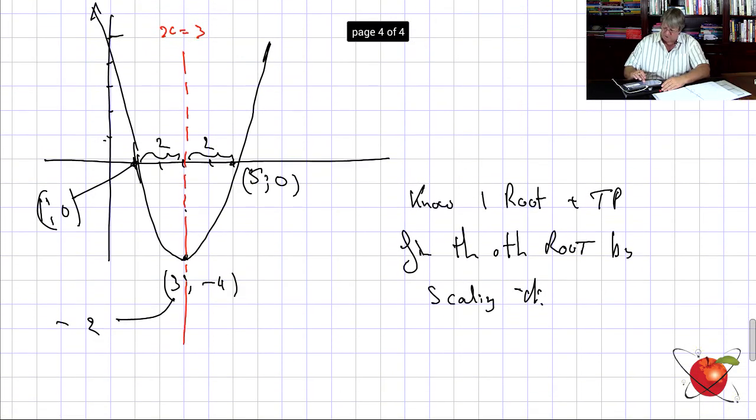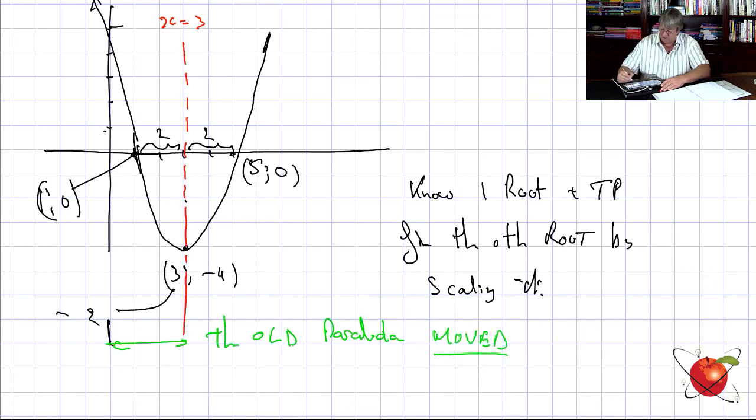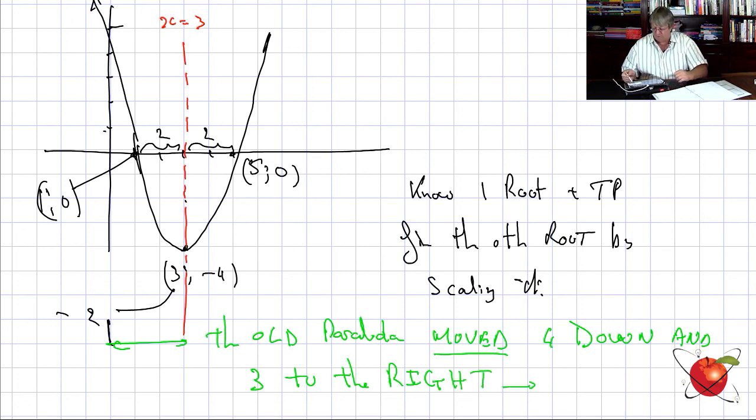Just before we move on to the next section, can you see this graph, put it onto green, is actually the old parabola moved 4 down and 3 to the right.